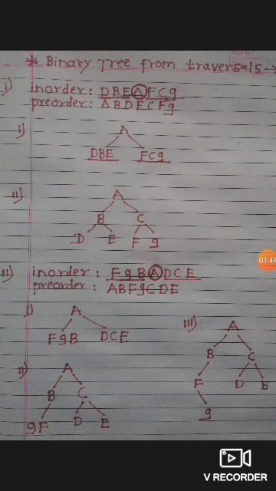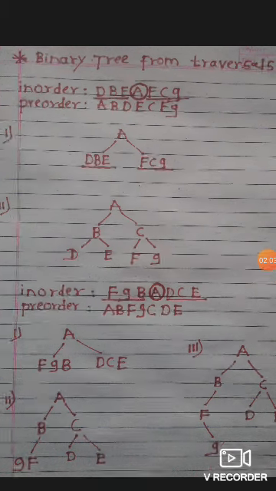Why is this so? Because in pre-order, we always visit the root node first. Therefore, from the given pre-order sequence, it is clear that the final tree has root A. Therefore, we make A the root.